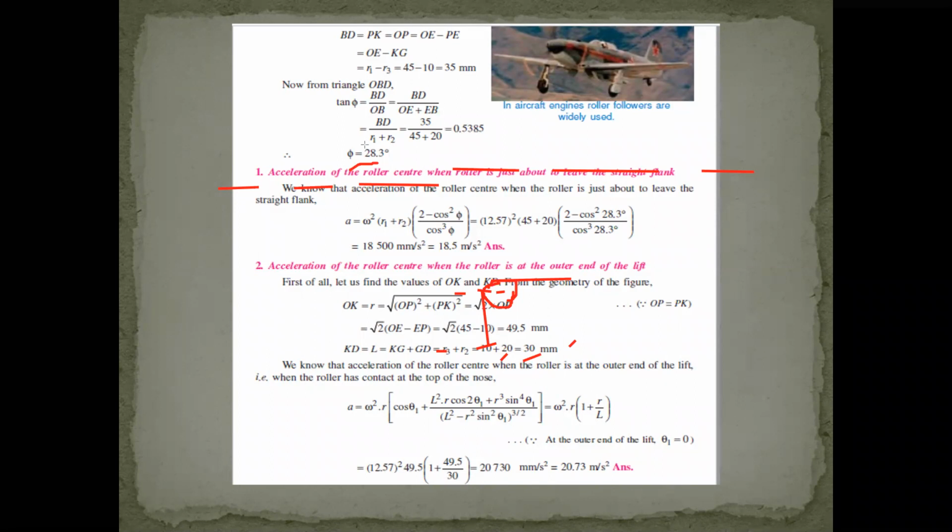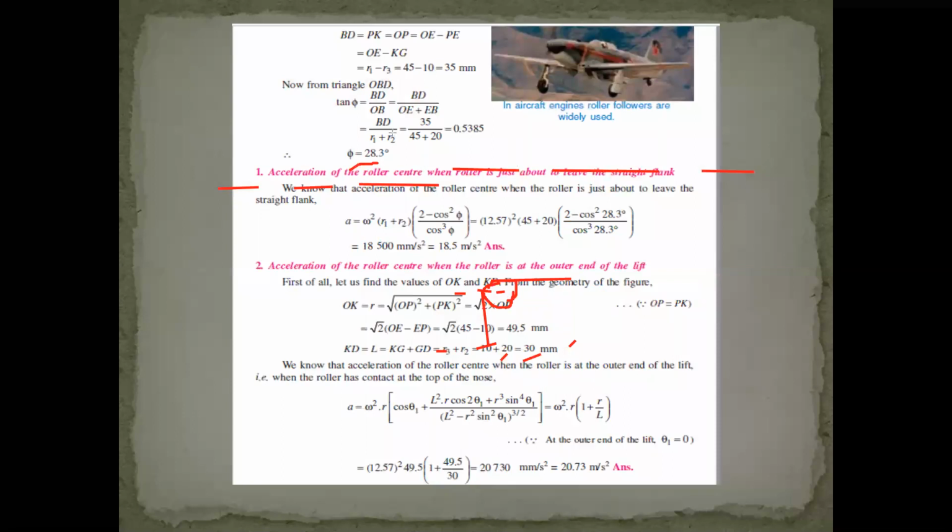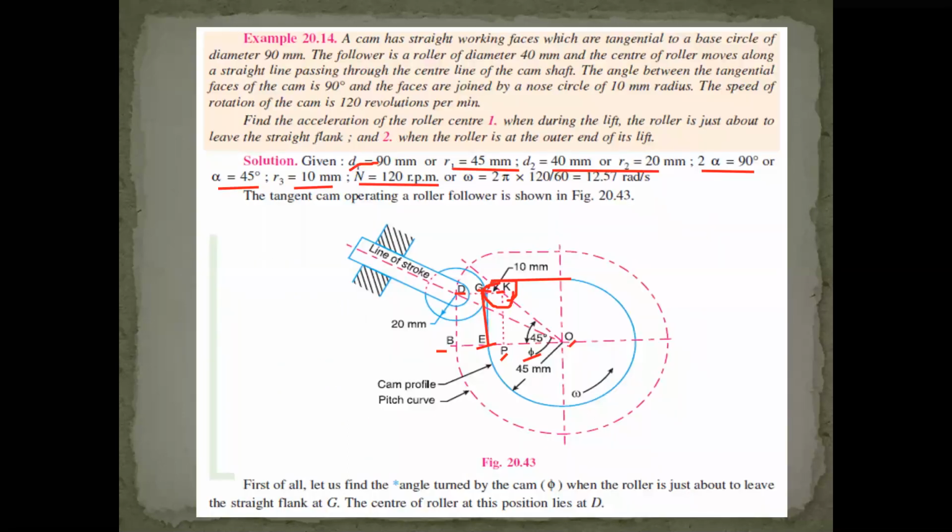Now going to find tan phi. What triangle have you taken to find phi? That is the triangle BOD. From triangle BOD, tan phi equals BD by OB. BD by OB is also written as BD by OE plus EB, where OE means R1 and EB is our R2.